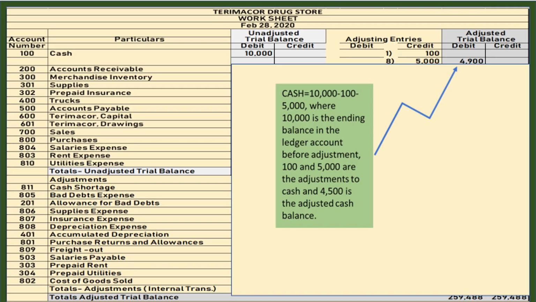Was paid for 2 months. Therefore, there is a 1 month advance. Now, we're going to plot the adjusting entries here in the worksheet.